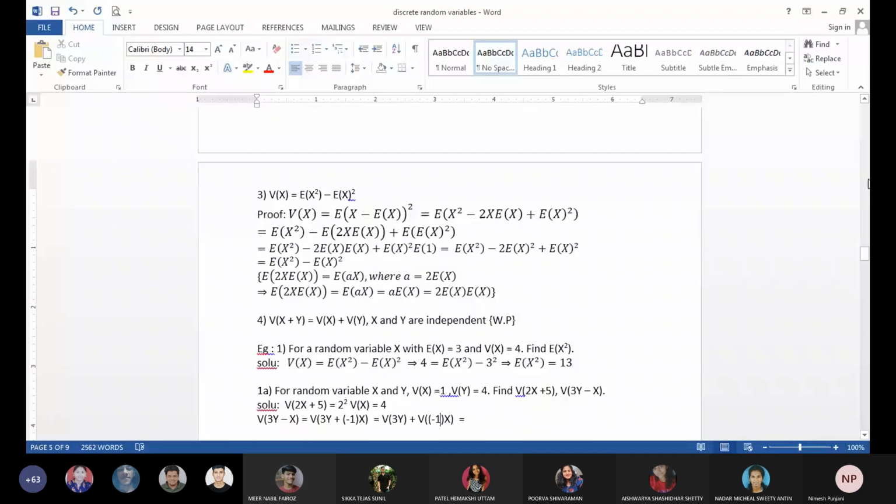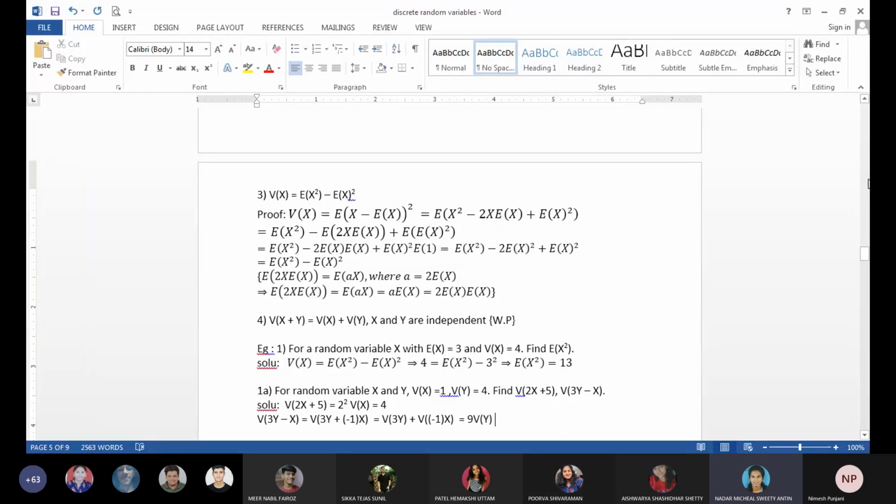So now tell me, as sweetie said, first property use करो. Now sweetie, you only tell me, first property use करेगा तो क्या मिलेगा? Sir, answer is 3 square into variance of y, 9 into variance of y, right?